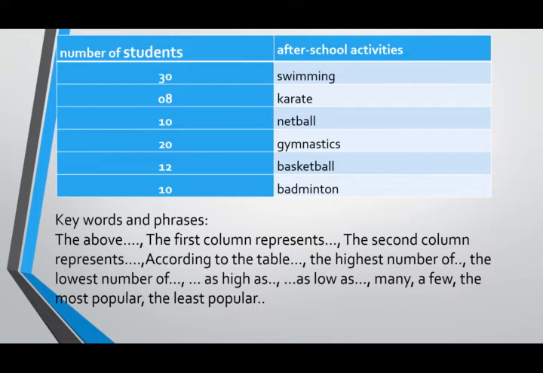According to the table, වගුව අනුව, the highest number of, ඉහළම සංඛ්‍යාව, the lowest number of, අඩුම සංඛ්‍යාව, as high as, තරම්ම ඉහළ අගයක්, as low as, තරම්ම පහළ අගයක්, many, හුඟක්, a few, ටිකක්, the most popular, වඩාත්ම ජනප්‍රිය, the least popular, අවම ජනප්‍රියත්වයක් ඇති.